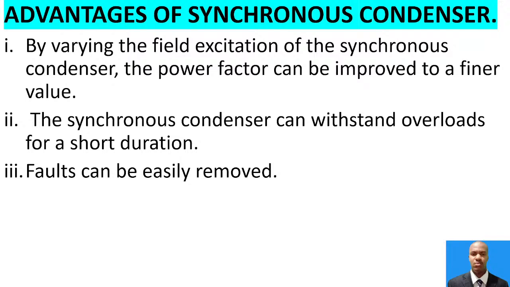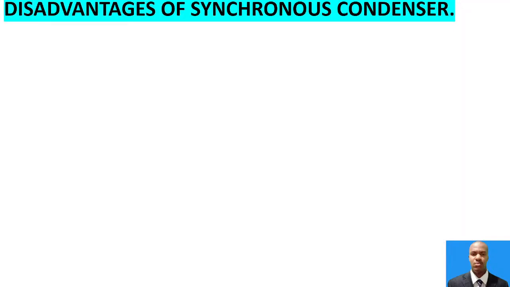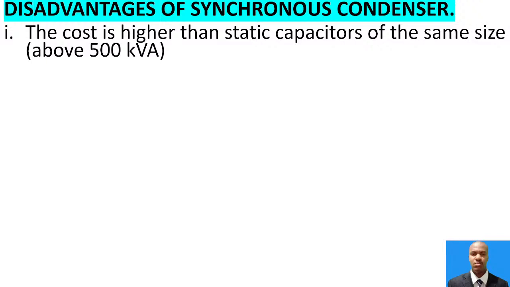Then it has several demerits, and one of the demerits is that the cost is high compared to a static capacitor of the same size, except for sizes above 500 kVA.